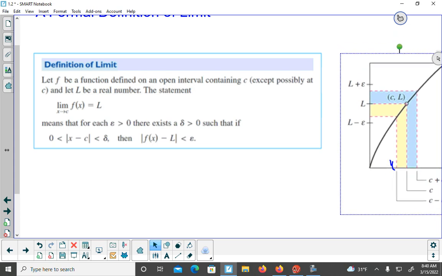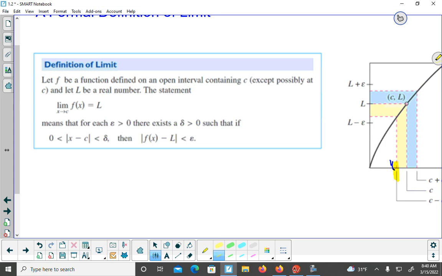If this is my x value and I say it's okay to vary this much, then I'm going to have to let my y value vary so much. I think it's just saying that in order for you to say that they're approaching the same number, you have to decide before you do this what is going to be an acceptable difference.